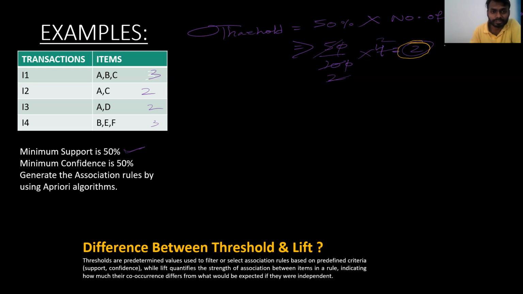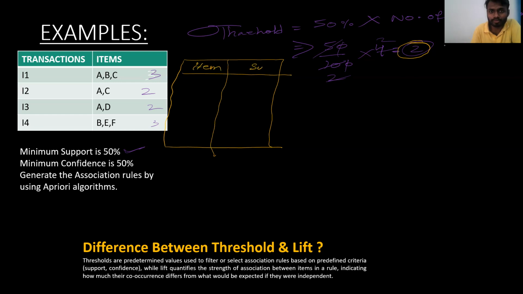So now let's create one table. Here, this one is the item and this one is the support.